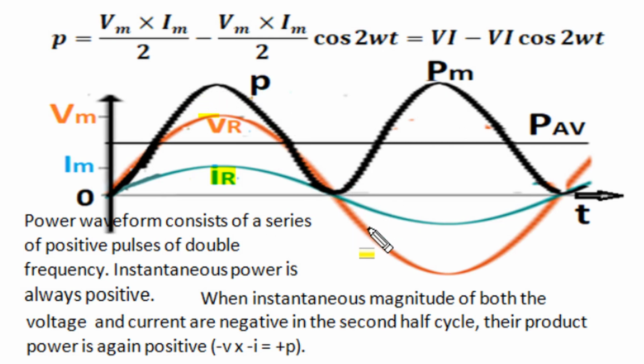And as simultaneously both voltage, by change of polarity, and current, by change of direction, alter their sign, the product of instantaneous voltage and instantaneous current again becomes positive, and power, though variable, remains always in one direction, as current whether it is flowing in one direction or another direction.